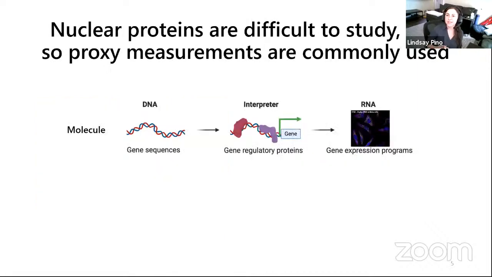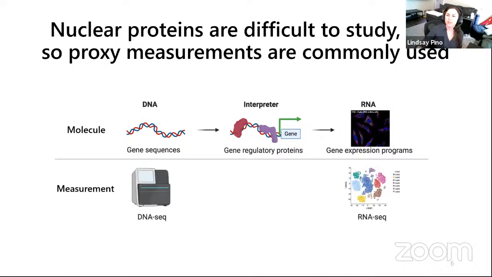Now, nuclear proteins are actually a little bit difficult to study. So in our central dogma, we have DNA genes, which then get read by proteins. This turns transcription on, and then we get RNA expression, and then the protein is finally translated. There are really great measurement systems for studying chromatin biology like this.